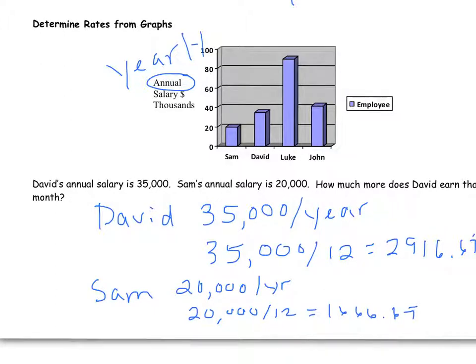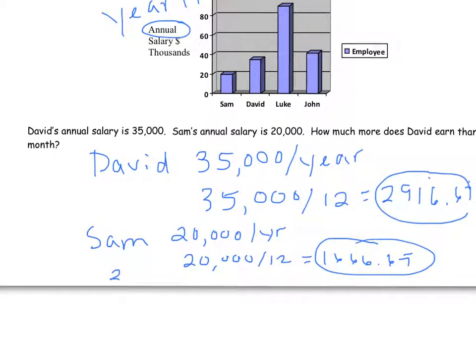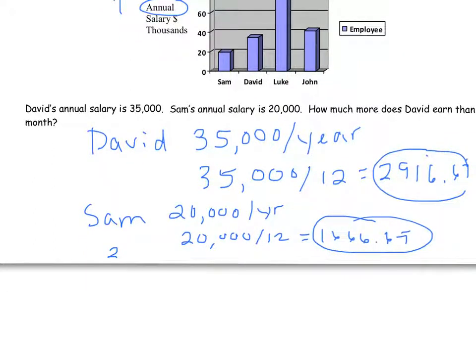Now, the question says, how much more does David earn than Sam per month? So I know that David is earning this, and Sam is earning this. So in order to find the difference, or how much more David makes, I'm going to have to subtract those. Let me scroll down here a little bit so I can show you. $2,916 for David, and I'm going to subtract Sam's.